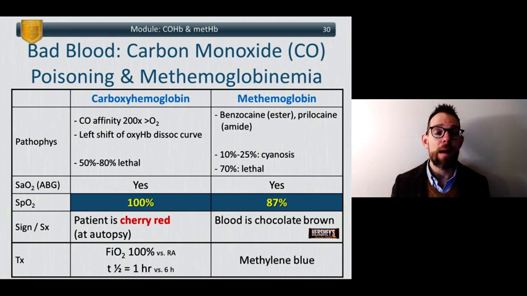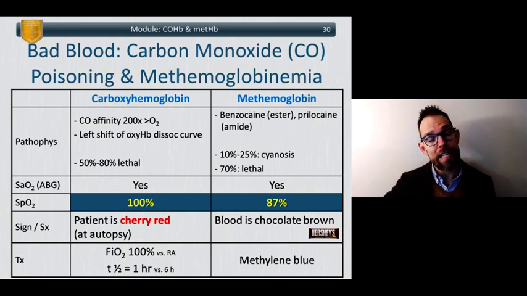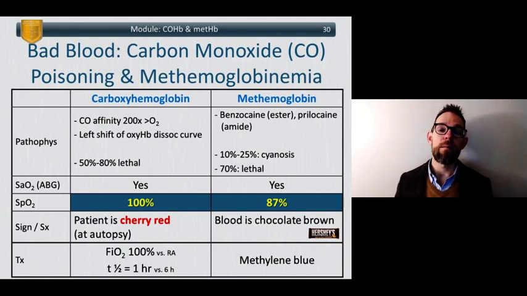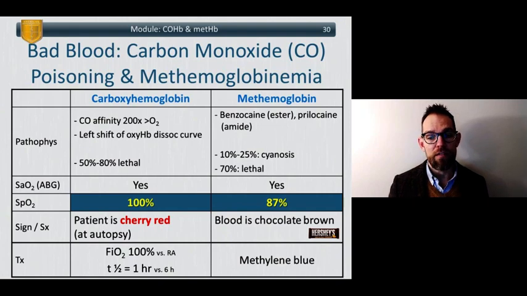Therapy is 100% oxygen as first-line therapy. If there are secondary effects like the mom is pregnant or there are signs and symptoms of cardiac ischemia, then you need to go to hyperbaric oxygen. Half-life is 1 hour for carbon monoxide with the use of 100% oxygen. If you put them on just room air, it's a 6-hour half-life.